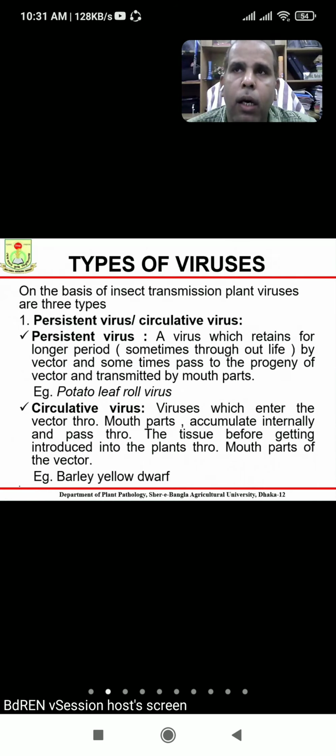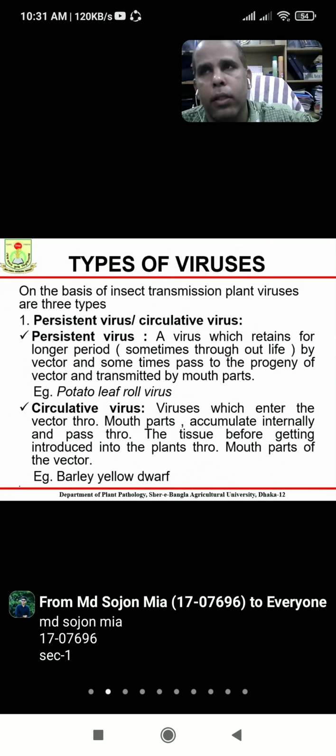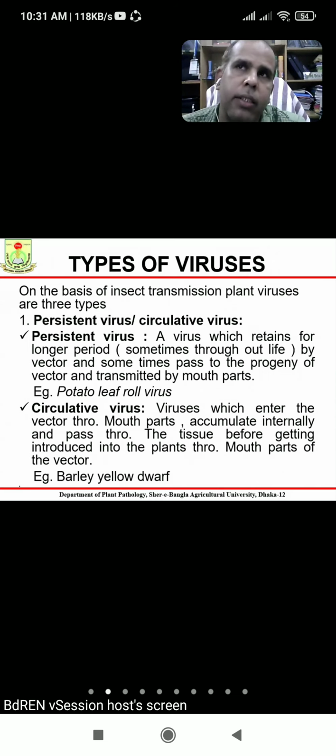For example, from its mouth part to the hemolymph, which is what insect blood is called, then it circulates in the biological system, and after completing the circle comes back to the mouth part. Again it pierces or sucks the healthy plant, and the virus is transmitted this way. So this is called the circulative type.